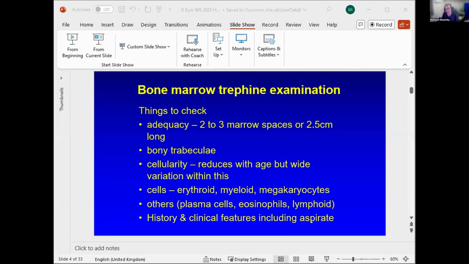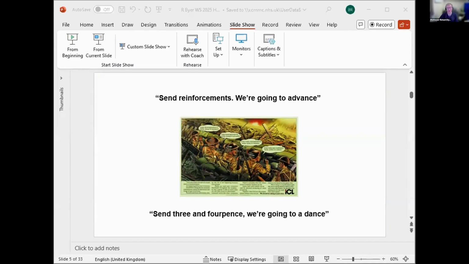But sometimes the aspirate doesn't work, or it's an aparticular aspirate, and so it's down to us. So probably more than any other branch of pathology, the clinical correlation is absolutely vital because different clinical scenarios can produce a similar morphological picture. So information and communication is vital.